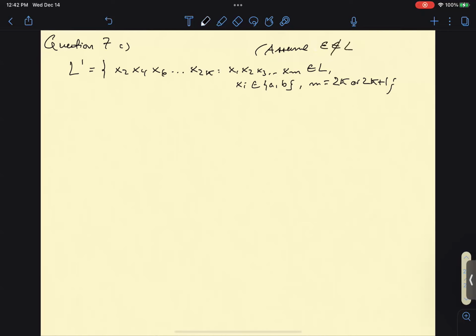Otherwise you're going to say, oh well, what's at position x1 and what's at position x2 and so on. So I just want you to focus on the actual problem, not the minute detail. So just assume you have some string with good enough length, and then you just extract the even positions.